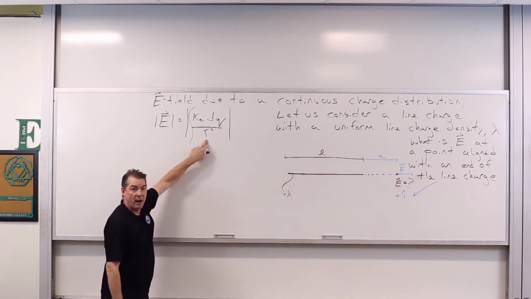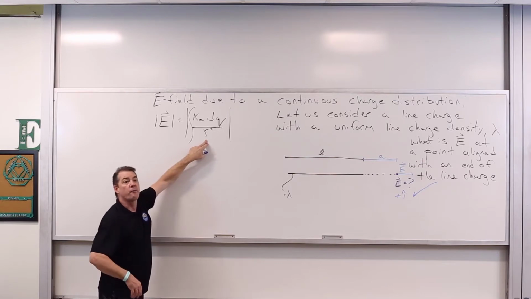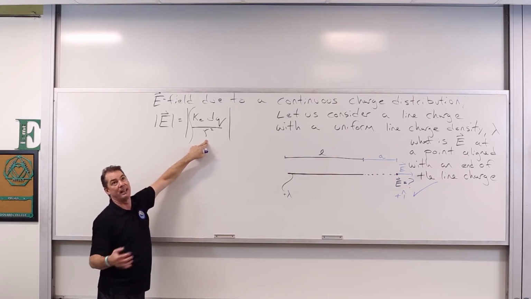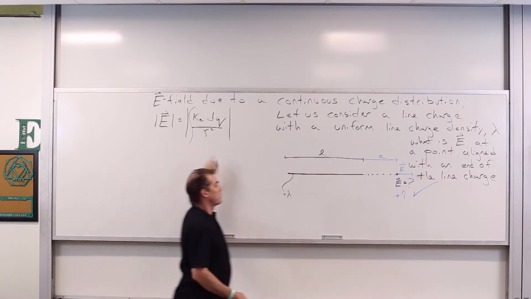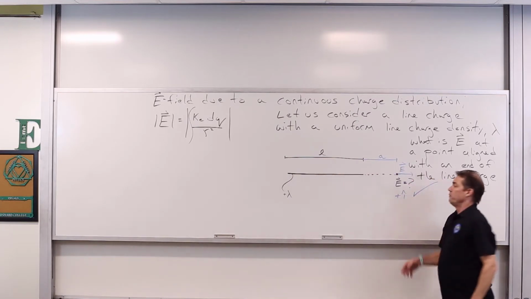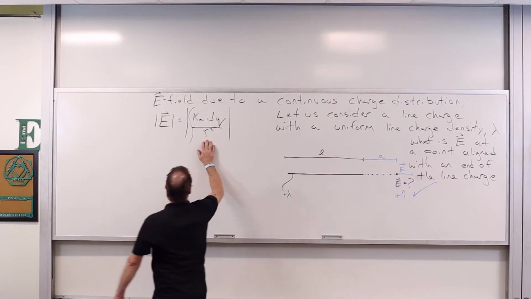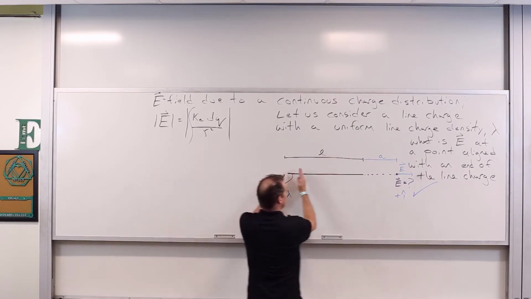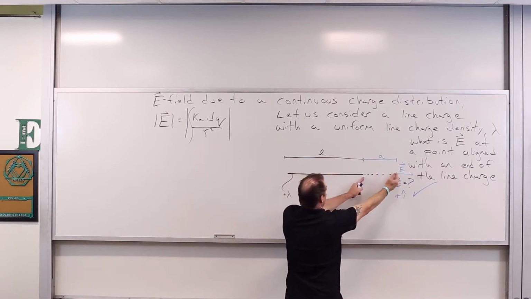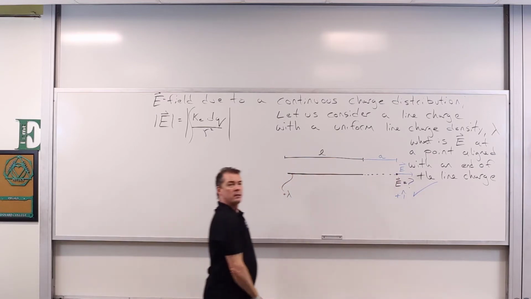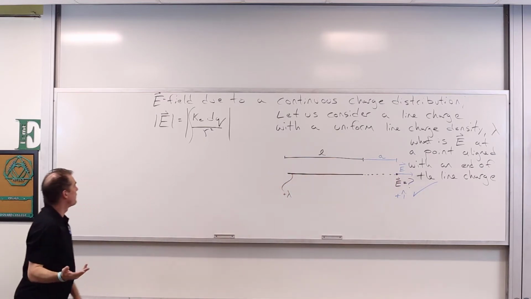Again, that's what this r value is, the radial distance away from the point under consideration, of which we're trying to determine the electric field due to it. So we note that r is varying, right? r is going to vary from a distance of L plus a to a distance of a. So that has to do with our limits of integration.